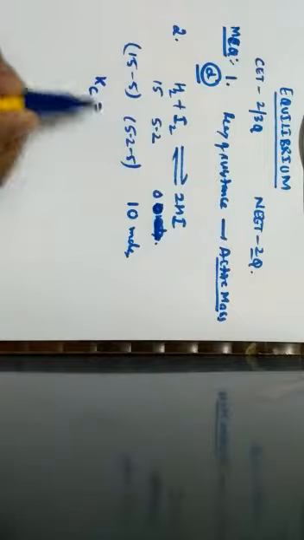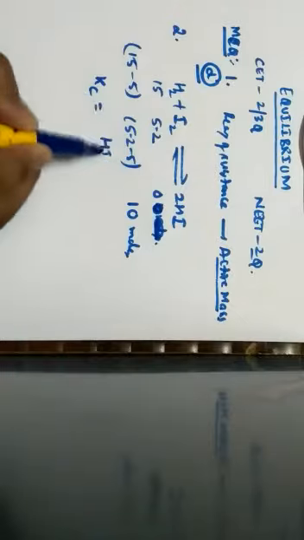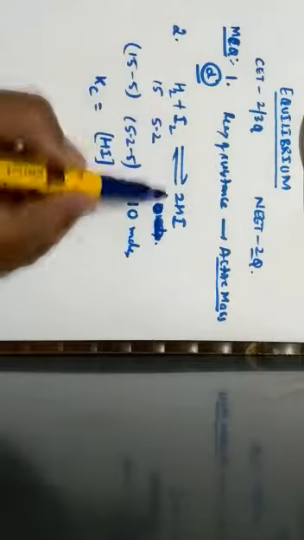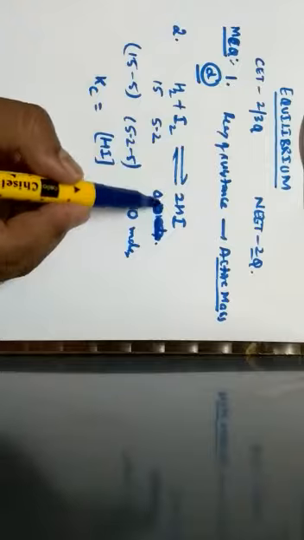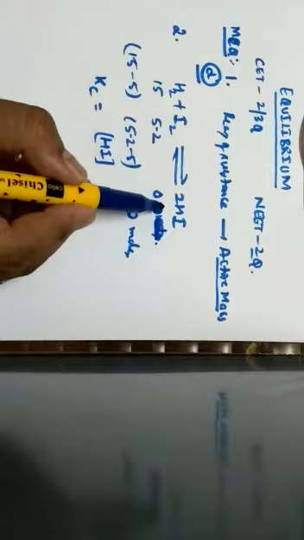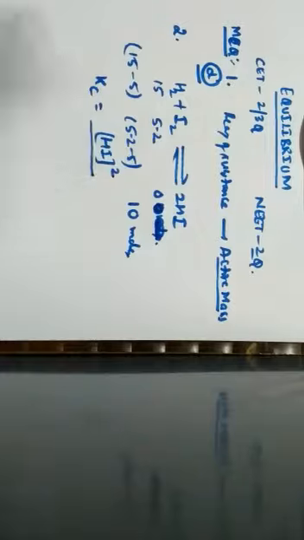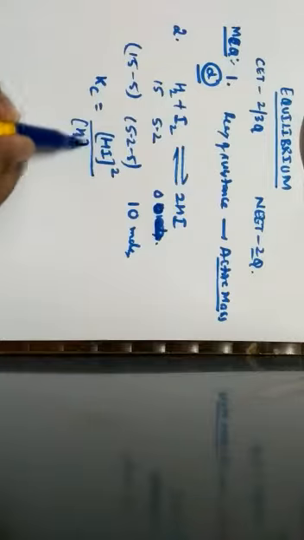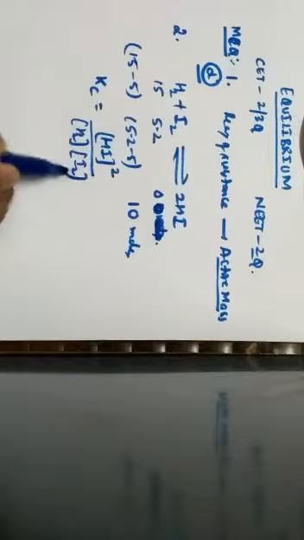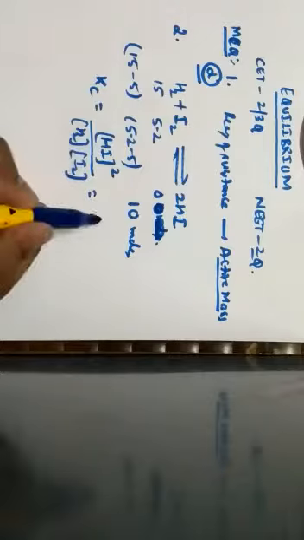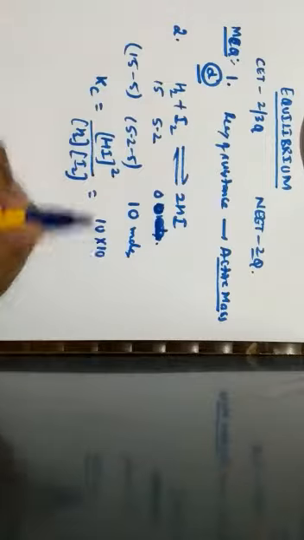So when it comes to equilibrium constant Kc, since the reaction is in equilibrium, on applying the law of mass action, it is products raised to their stoichiometric coefficients divided by the reactants, that is H2 as well as I2. So HI is 10 moles, that is 10 into 10.